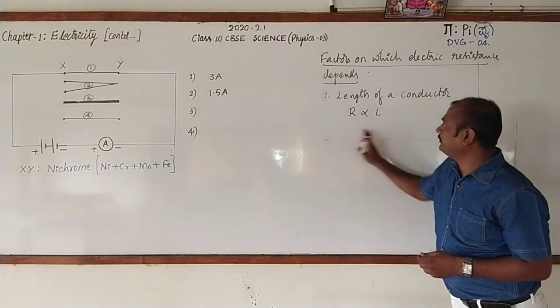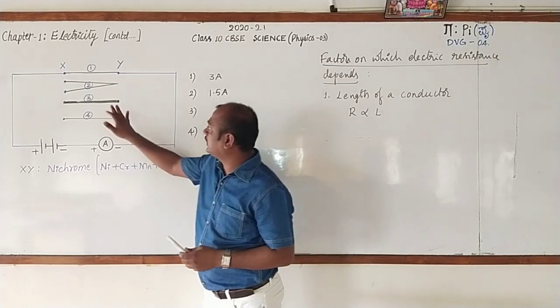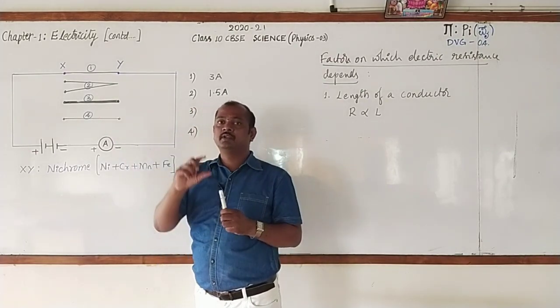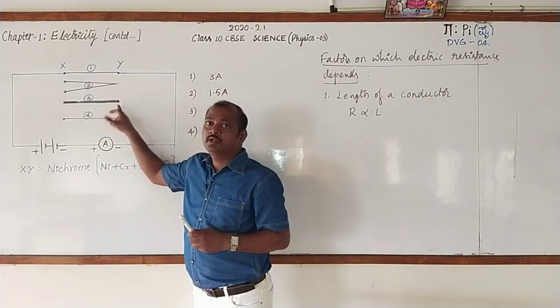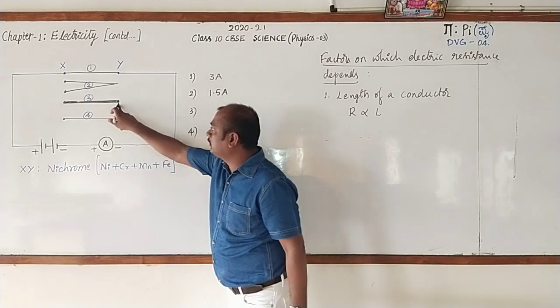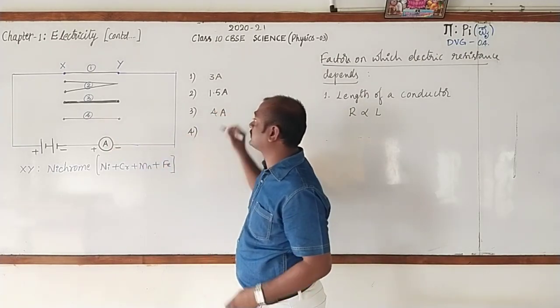Now, similarly, in the third case, we have taken nichrome again, but the thickness is different. Thickness is more. Then what will the ammeter reading be? Here I'll write 4 amps.